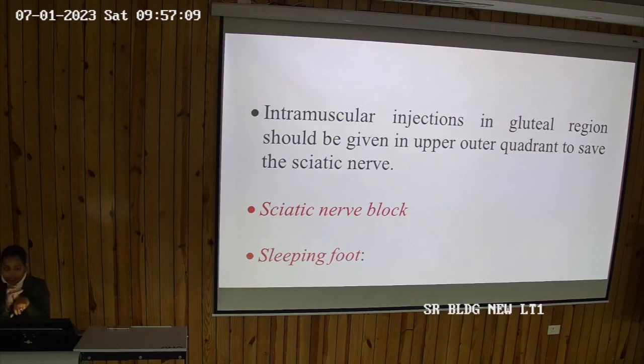So for some time it will cause numbness once you stand up, you feel a tingling, numbness, because of the compression of the sciatic nerve, and after some time it goes away. That condition is known as slipping foot: compression of the sciatic nerve against the femur in the sitting position causes numbness along its distribution.